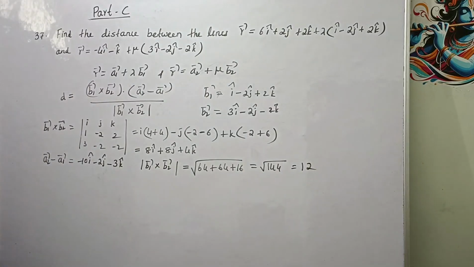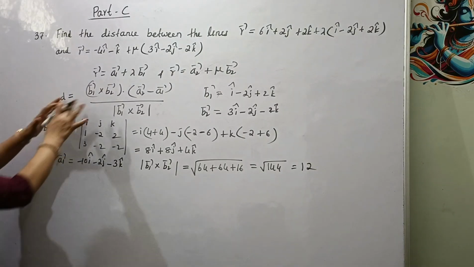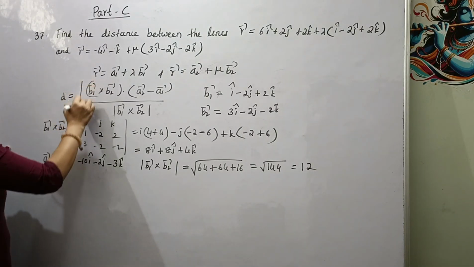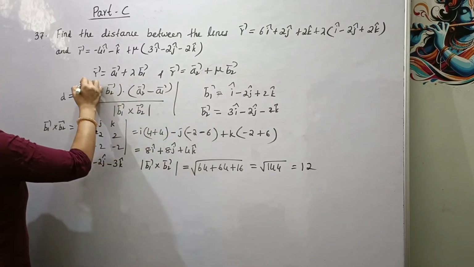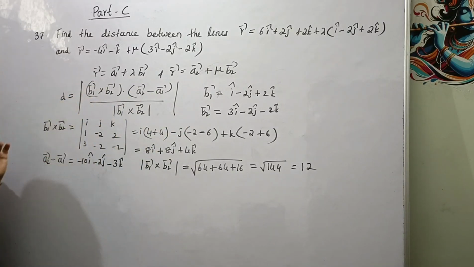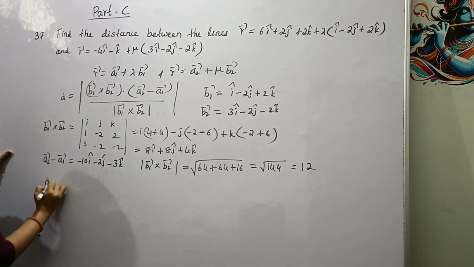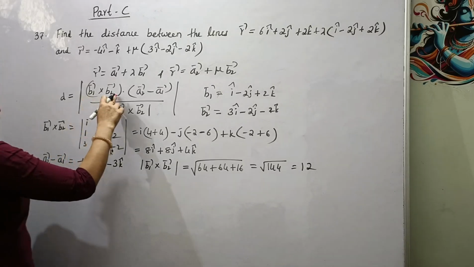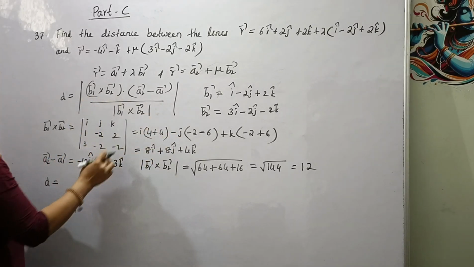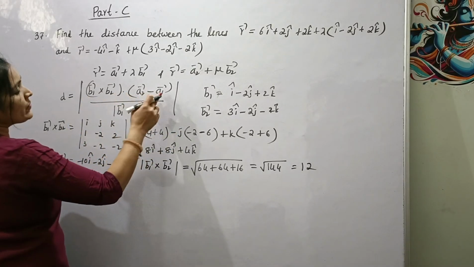Okay, next let's find the distance. Since it is distance, the modulus is there. It's always positive. So D is equal to vector b1 cross vector b2 dot vector a2 minus vector a1.